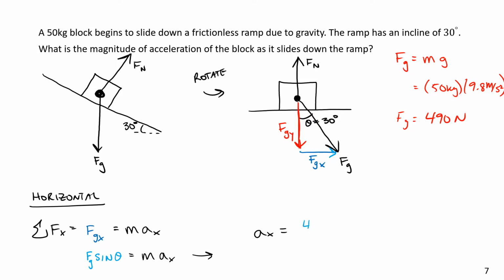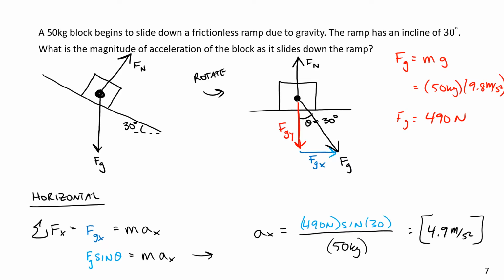That is 490 times sine of 30 degrees divided by the mass of the block, which is 50 kilograms. 4.9 meters per second squared.